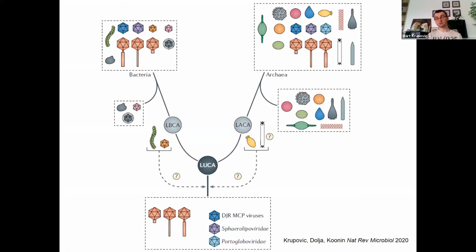Then the last bacterial common ancestor apparently was already infected by filamentous phages, as well as phiX174-like microviruses. But we cannot exclude the possibility that these two groups of viruses were already present at the stage of LUCA, but then lost in archaea. And conversely, the last archaeal common ancestor apparently has been infected by lemon-shaped and rod-shaped viruses, but they could all well be also in LUCA, but lost in the bacterial branch of the tree of life.